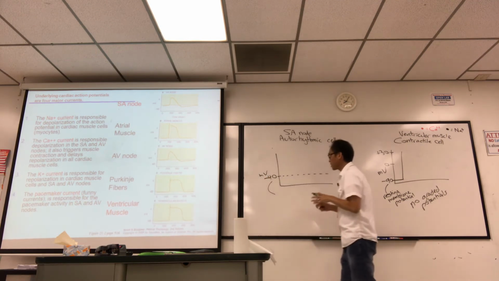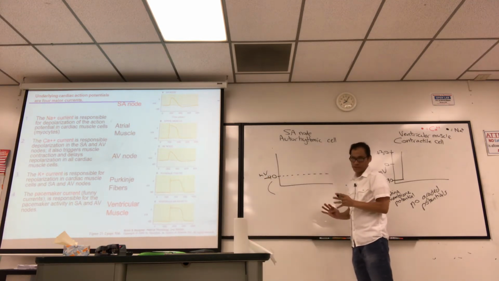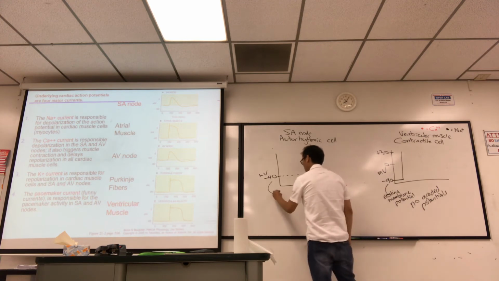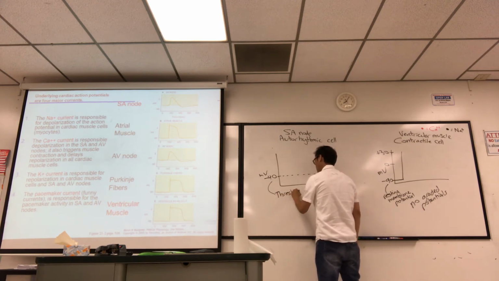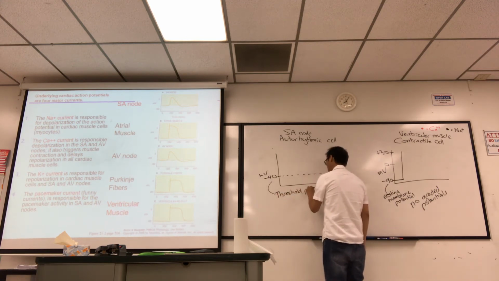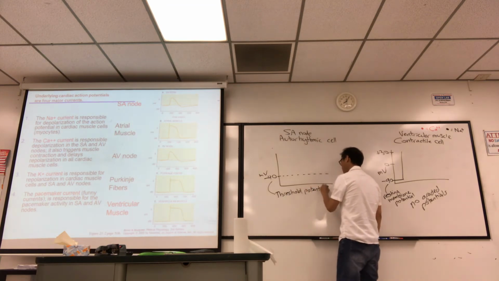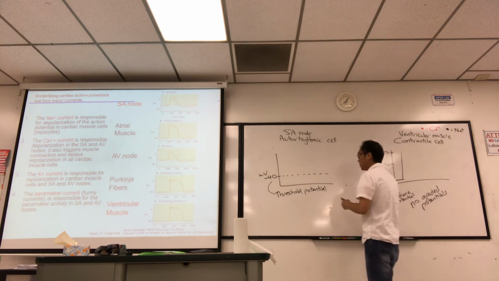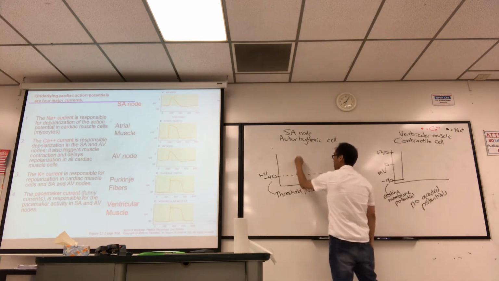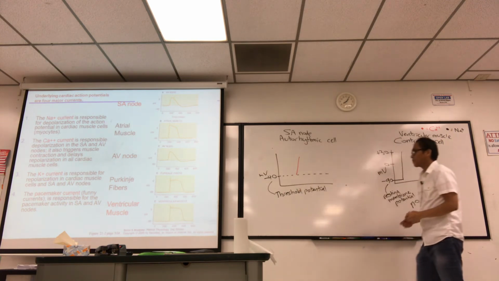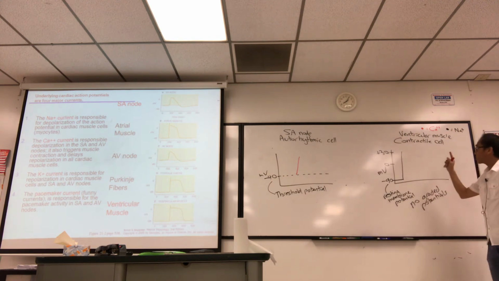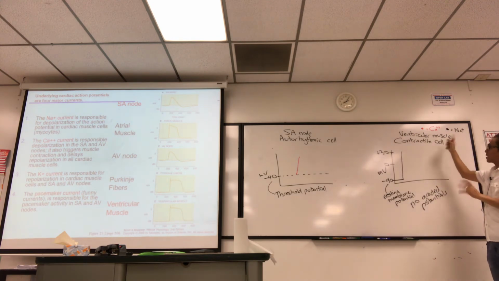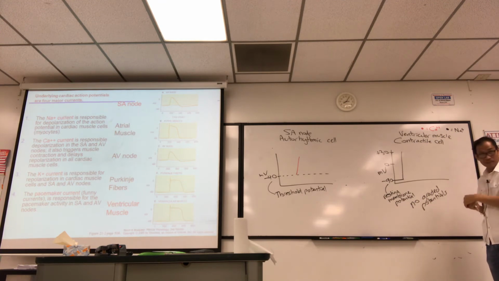So that -40 is called a threshold potential for this cell. I'll use red. So a depolarization would just look like this. It just goes up, right? But it's not carried by sodium, it's carried by calcium. So that's one thing that calcium does in the heart for the autorhythmic cells.